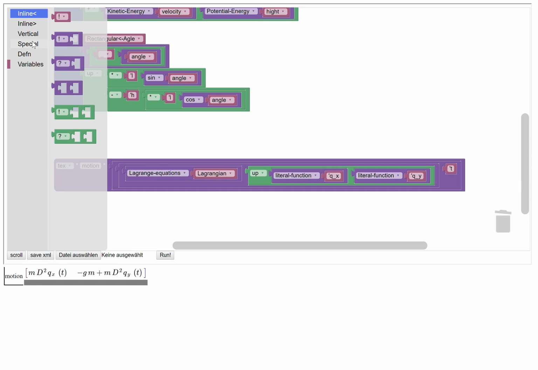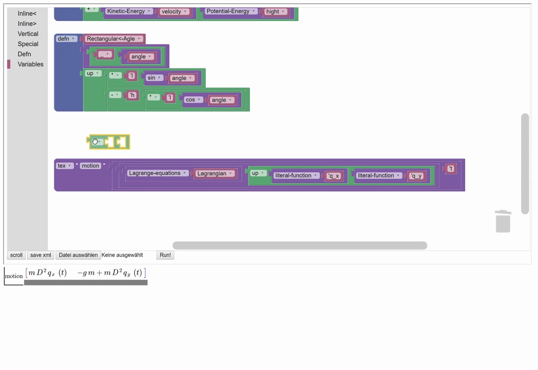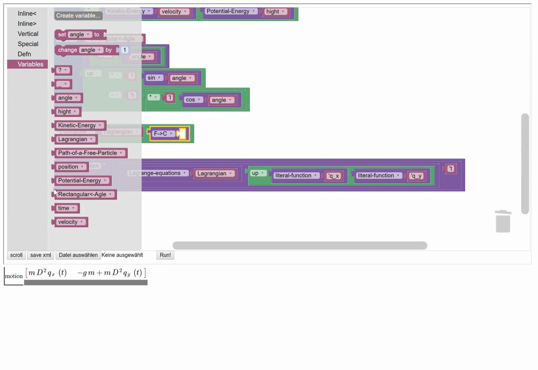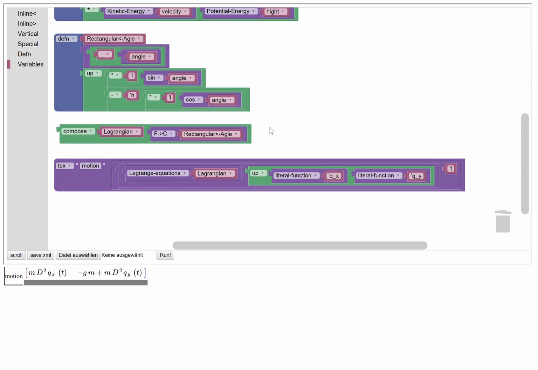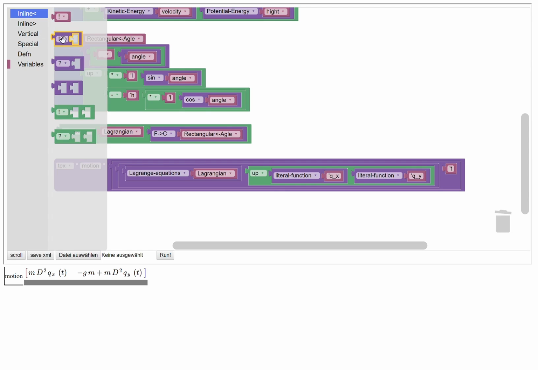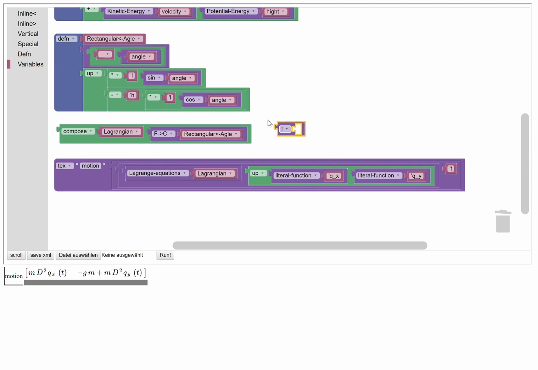The Lagrangian of the pendulum is obtained by prepending the transformation. In this function composition, the Lagrangian of the independently moving particle is reused completely unchanged. The new Lagrangian equations are now applied to some function phi.